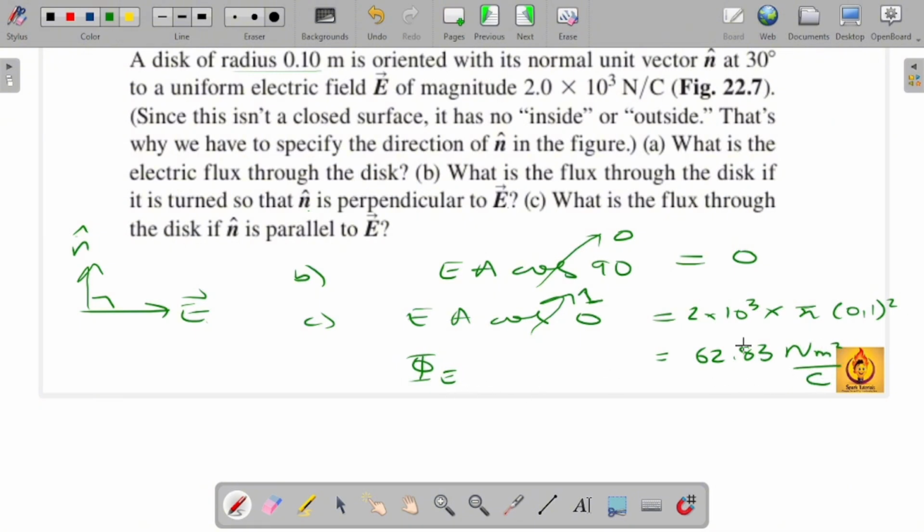Alright. Are we all on the same page? Alright. Let's move on to example 22.2.